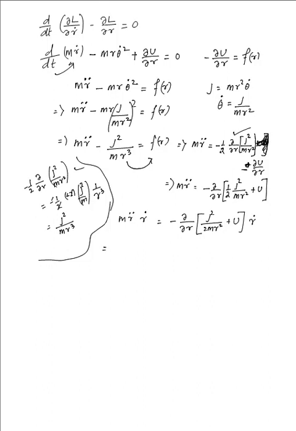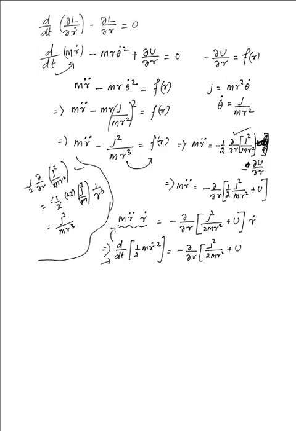Now if you observe it, this is nothing but the derivative of half m r dot squared with respect to time, because you do this derivative and you reach over here. And as far as the right hand side is concerned, what we get is del by del r.